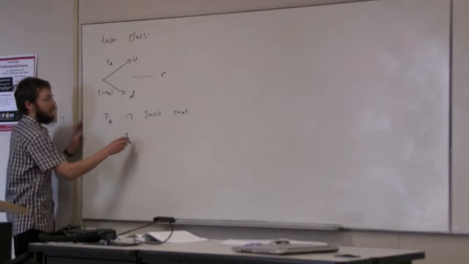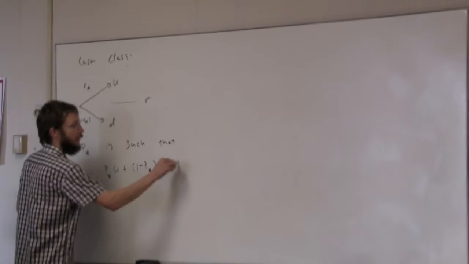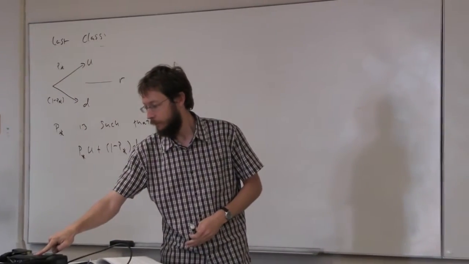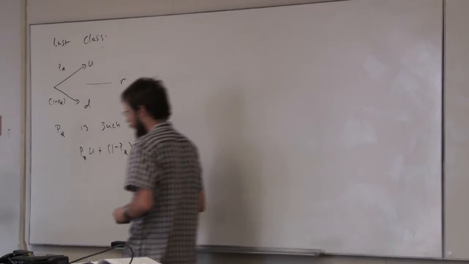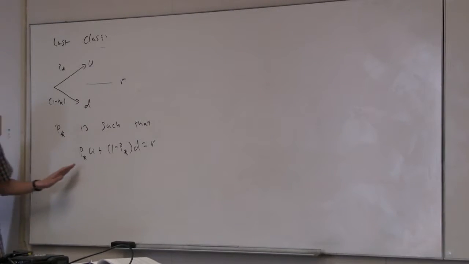So P star times the upper return plus 1 minus P star times the lesser return provides an average return of the risk-free rate. And this risk-neutral probability, it's not unique, by the way. Just in case you're going to go read a little bit more about risk-neutral probabilities.